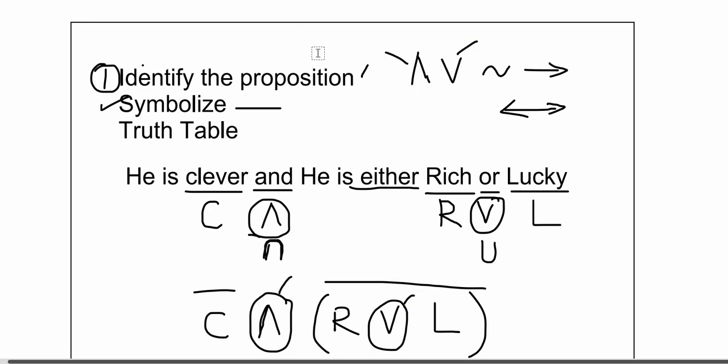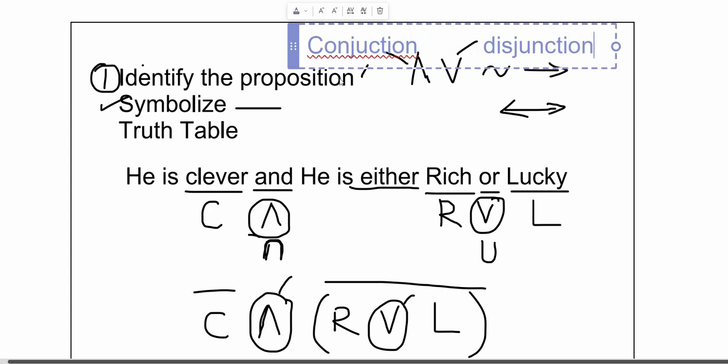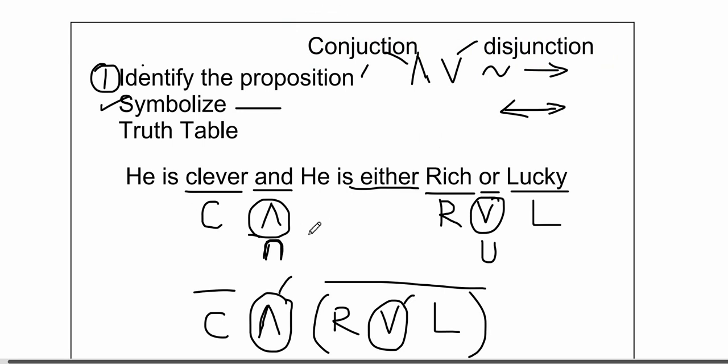So I'll just type it out here. Conjunction, and this is disjunction, or conjunctive or disjunctive. We can write it that way also. Alright. So we did the first part, we did the second part.